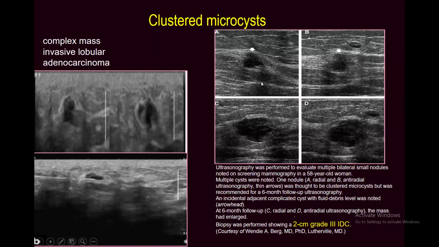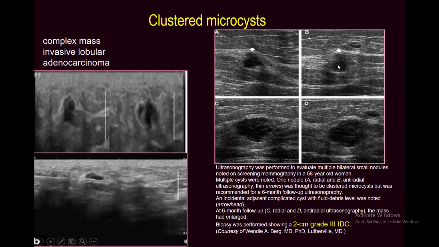Here are examples. You can see these are not typical microcysts. It looks like a microcyst, but not very typical. This is invasive lobular adenocarcinoma.